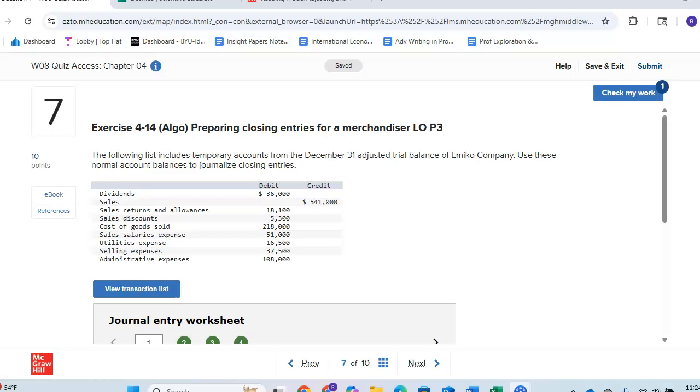So, the question says, the following list includes temporary accounts from December 31st, the adjusted trial balance of Amico Company. Use these normal account balances to journalize closing entries.